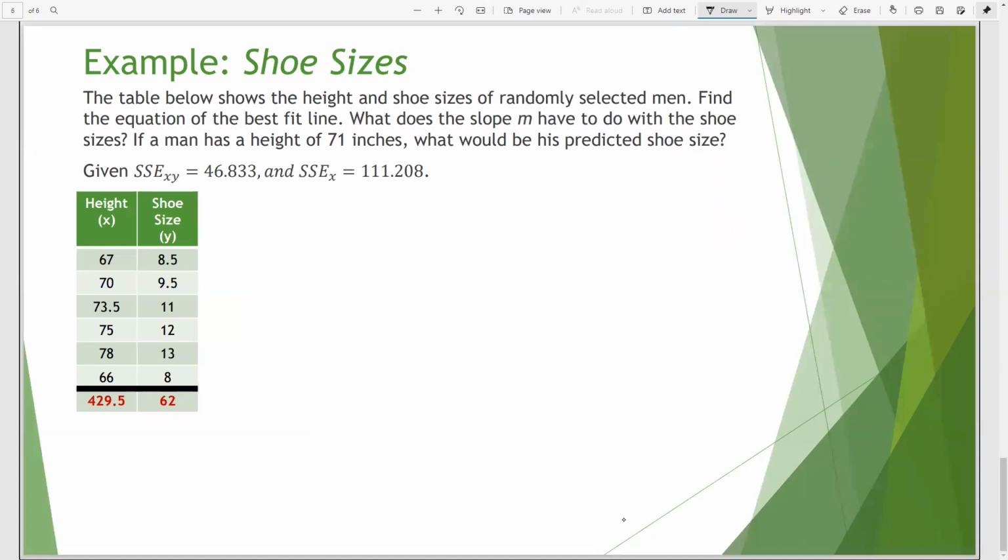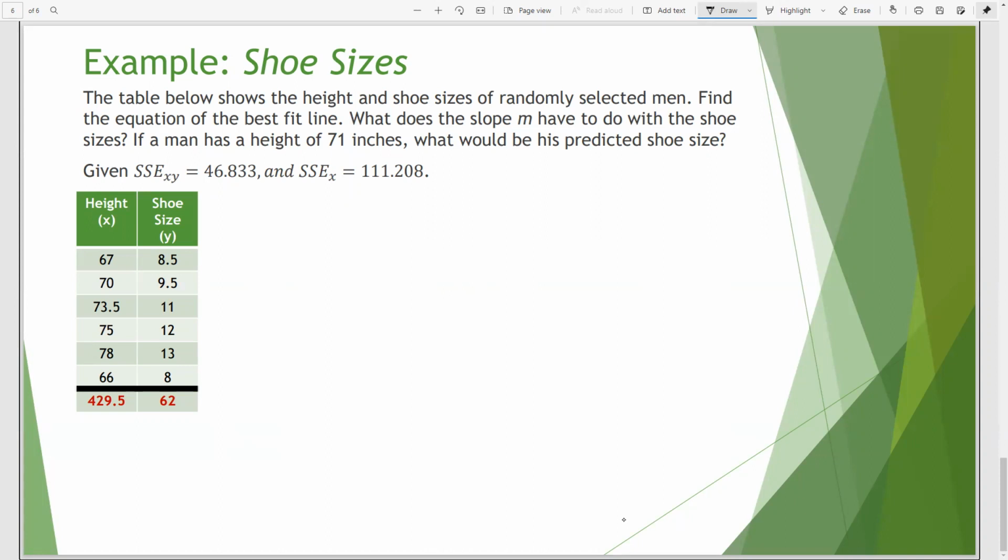The shoe size. The table below shows the height and the shoe size of randomly selected men. For a different gender, the data will be different, so it actually matters.